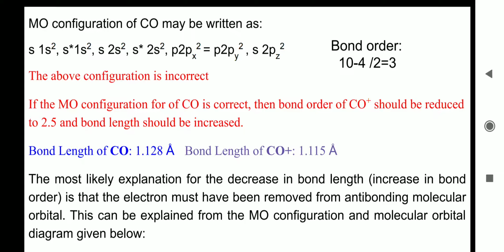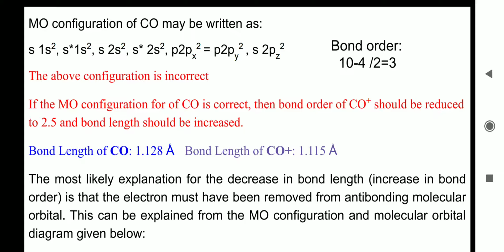This experimental observation cannot be explained with the help of the molecular orbital configuration which we have given in terms of nitrogen. So, this molecular orbital configuration needs some change so that we can explain the experimental observation satisfactorily.